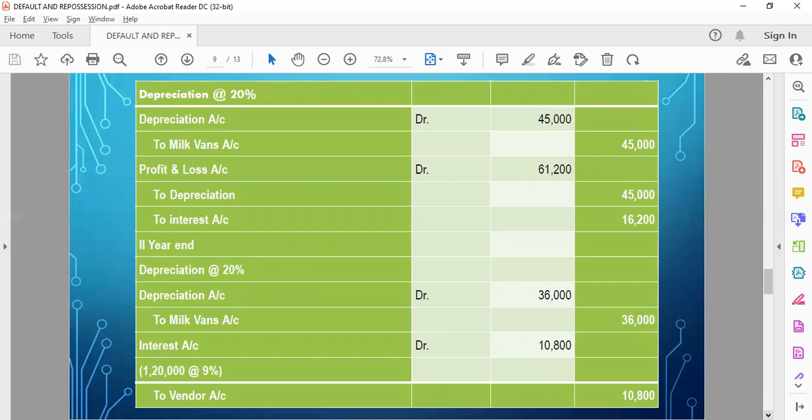So first we should calculate the depreciation amount. 2,25,000 into 20 by 100. From this 2,25,000, we should calculate the depreciation. This is the diminishing balance method, right?